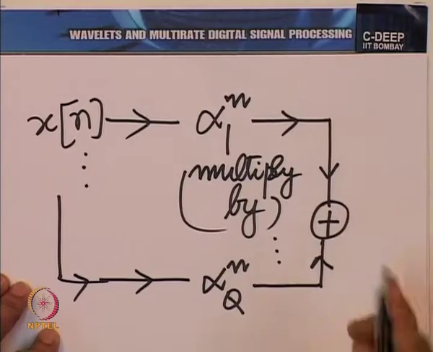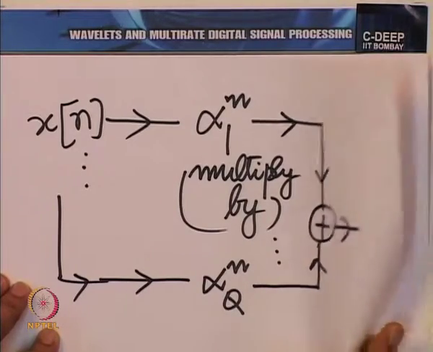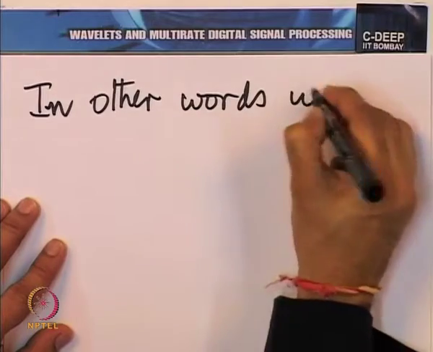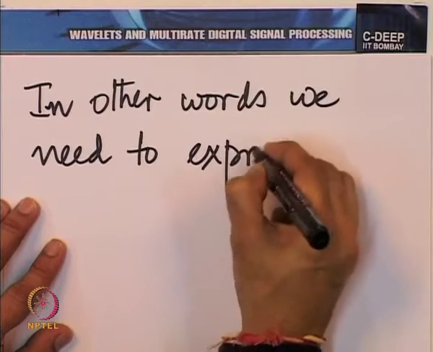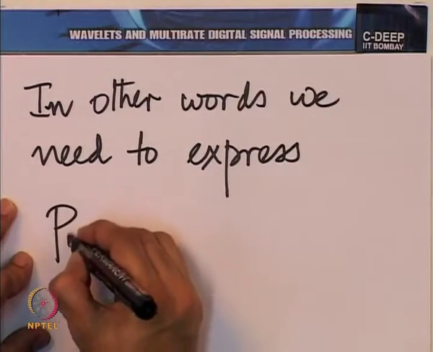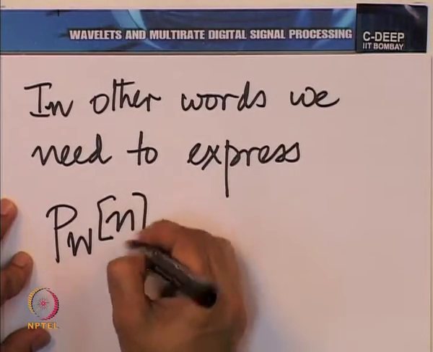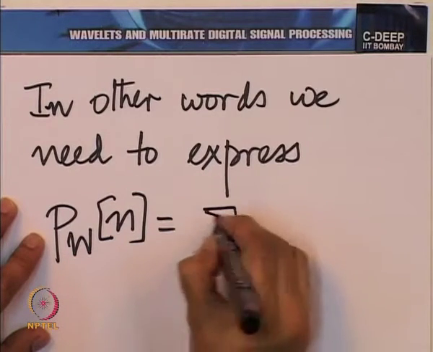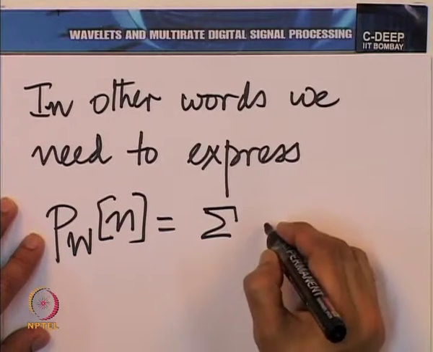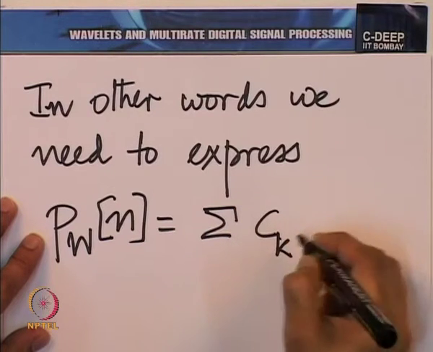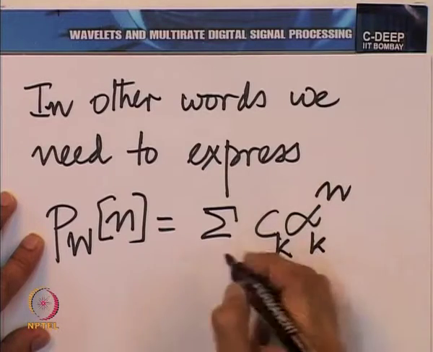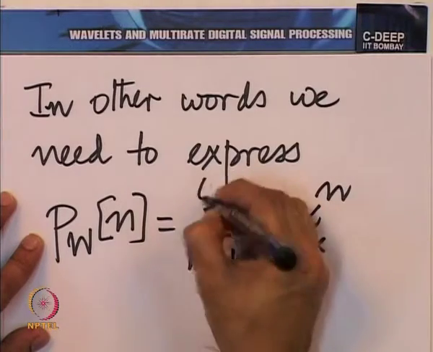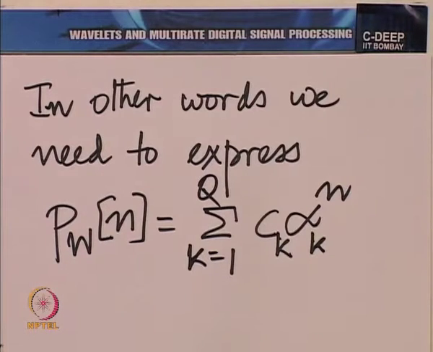So, the other way of saying it is we need to express PWN as a linear combination, let us say, sum of C_k times alpha_k to the power n, k going from, let us say, 1 to q. Now, this is not at all difficult to do.